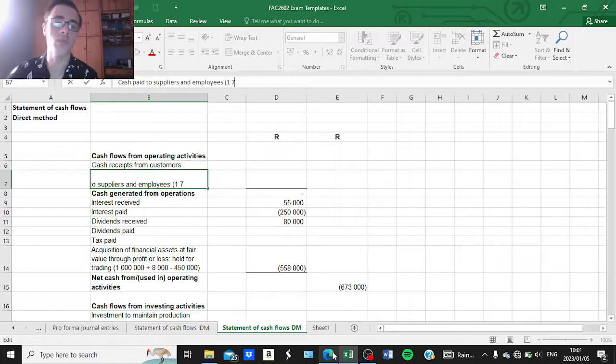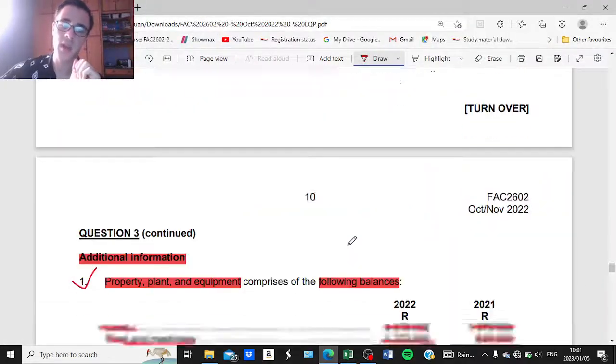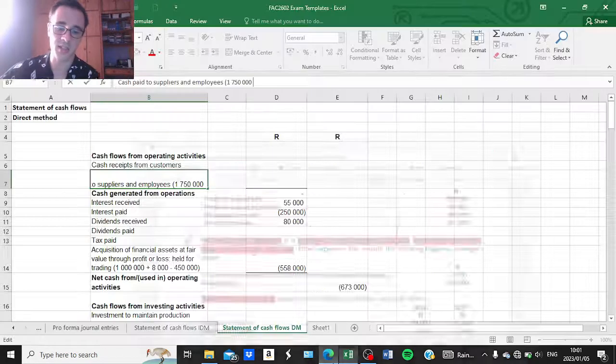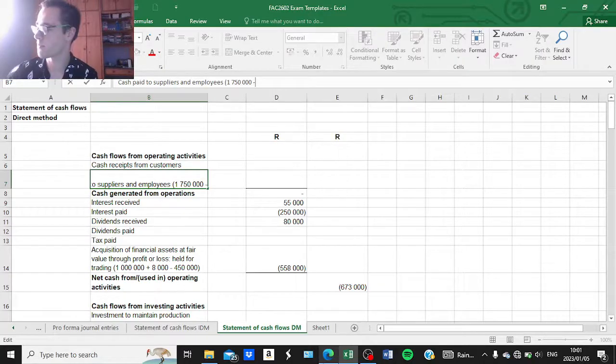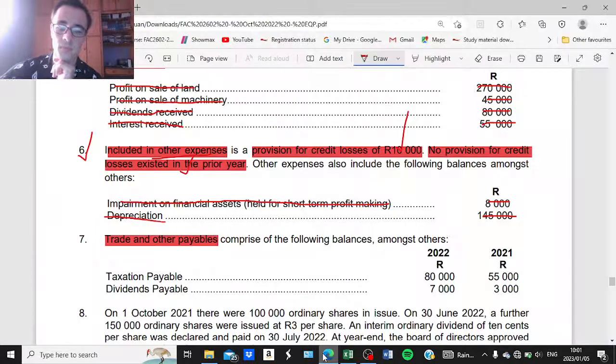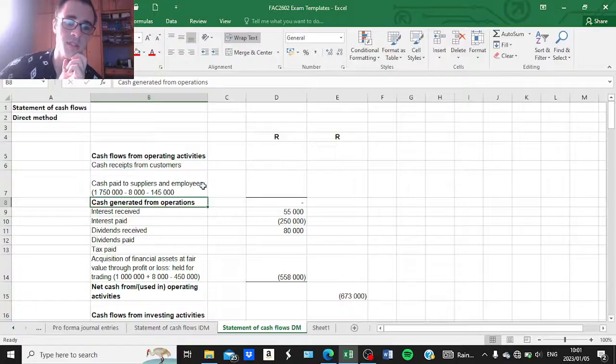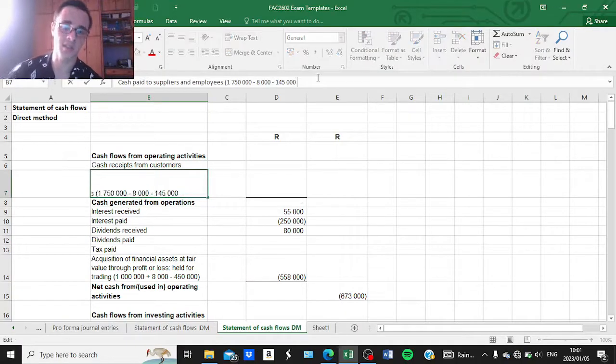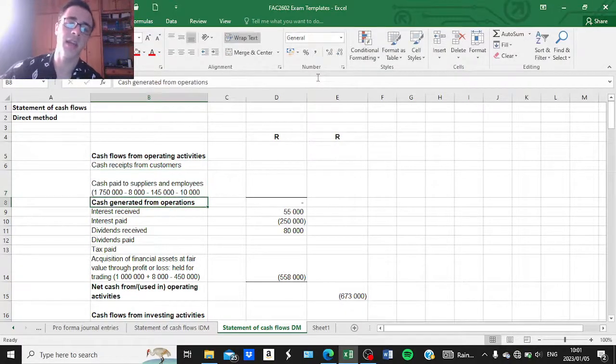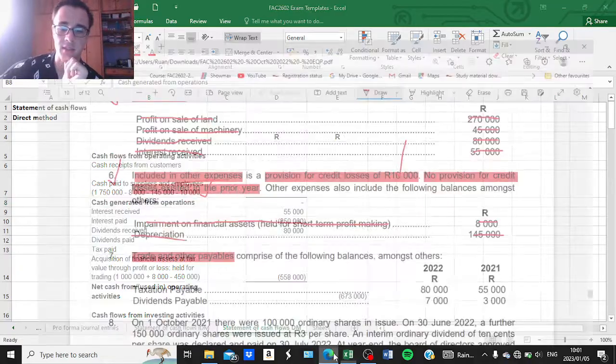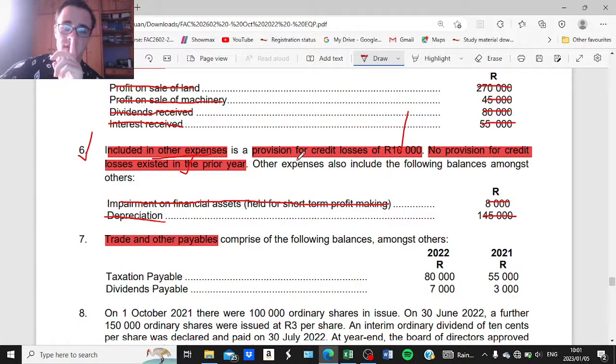And then we need to remove all the items that are included in that amount that are non-cash flow expenses. In this case, it was firstly the impairment losses on financial assets amounting to 8,000, as well as a depreciation expense of 145. Those two are non-cash flow items, as well as the credit losses, or the increase in the allowance for credit losses of 10,000.